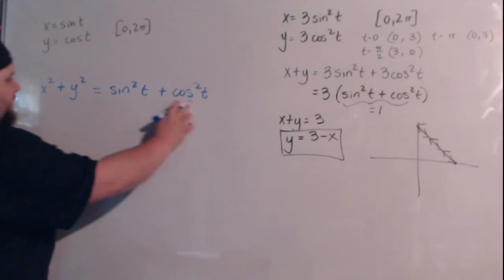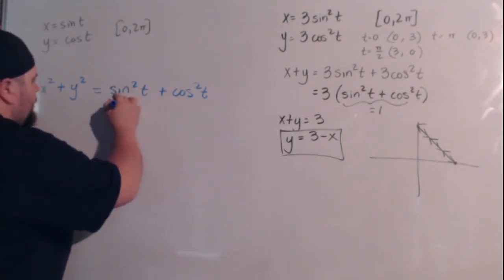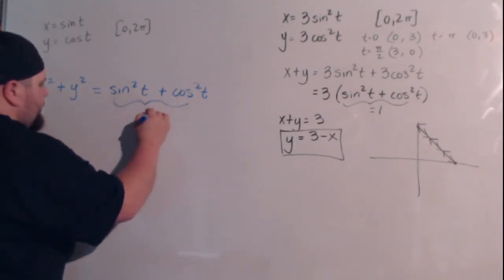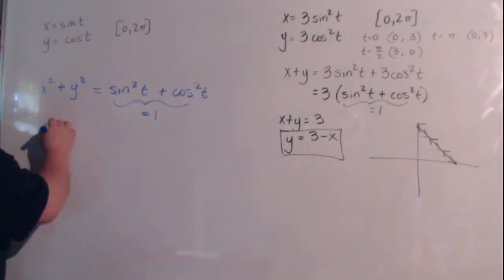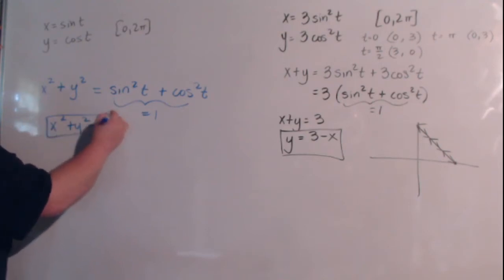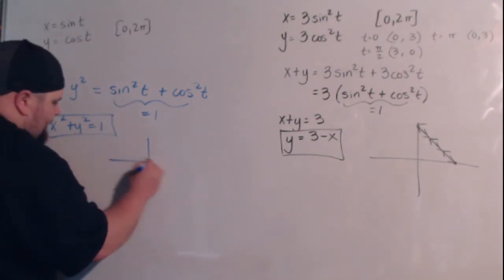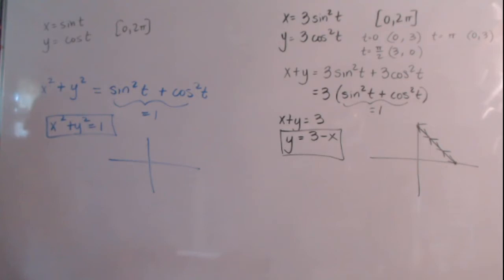Well, sine squared plus cosine squared is just 1. So I get x squared plus y squared equals 1. What is that the equation of? All right, it's a circle. In fact, that's the unit circle, right?